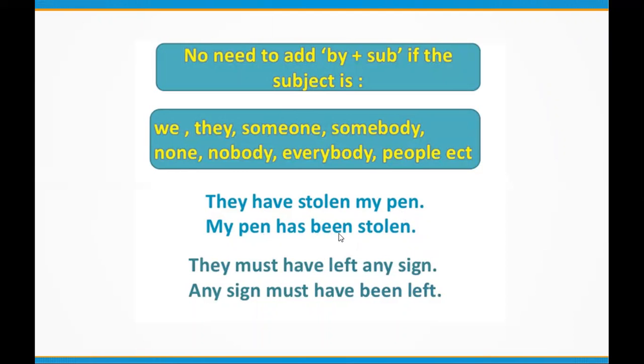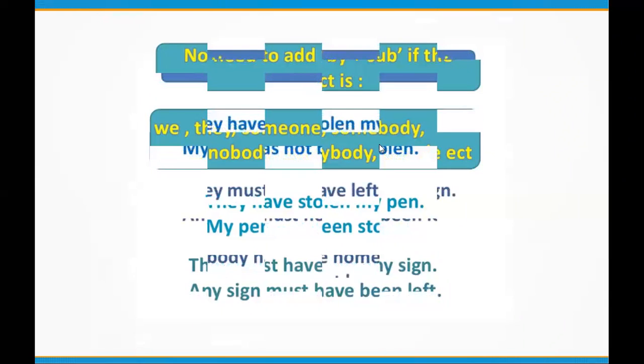Here, my pen has been stolen. So we should not add by plus subject. They must have left any sign. Any sign must have been left. So keep it in mind, students.